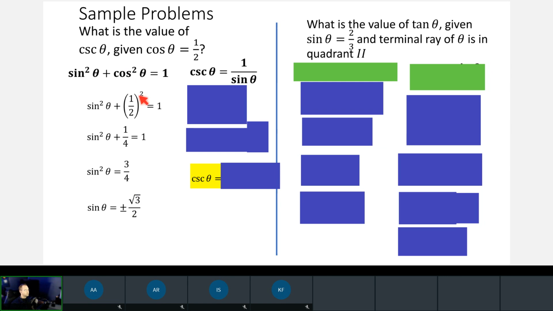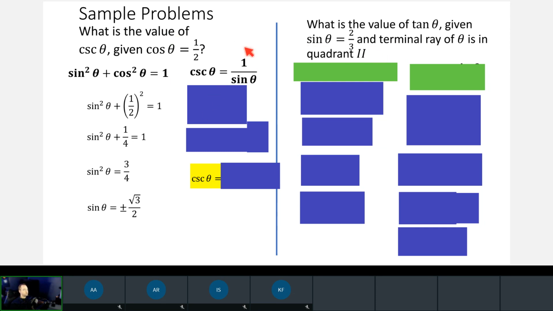All right. Next, we now know what sine is, which is a good thing. Oh, actually, I said earlier that we're solving this problem 2 ways. We're not.